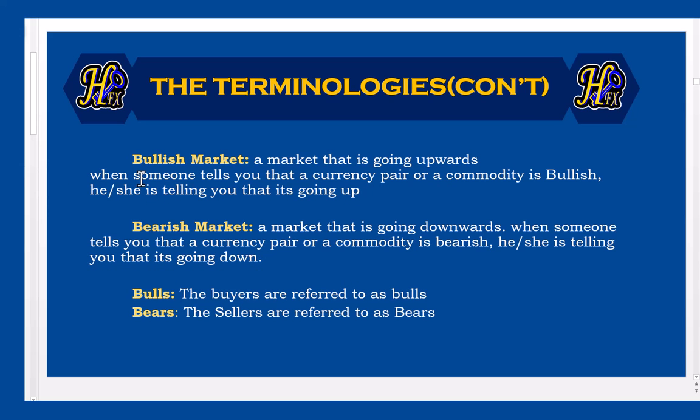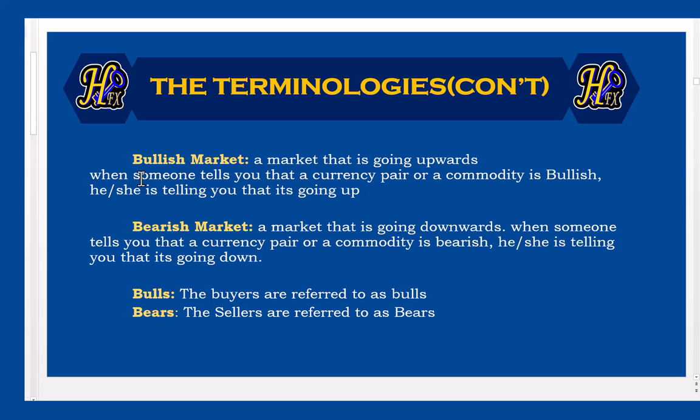So let's move on. Now, the next terminology is bullish market. So that is another term. A market that is going upwards. So a bullish market is a market that is going upwards. When someone tells you that a currency pair or commodity is bullish, he or she is telling you that it is going up.